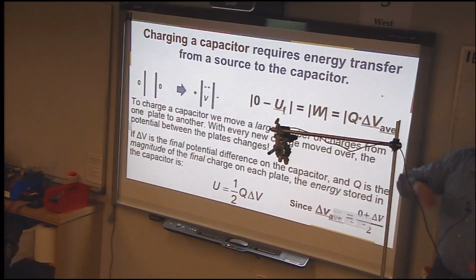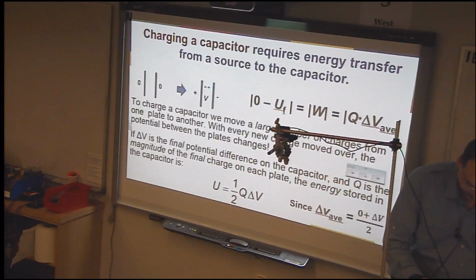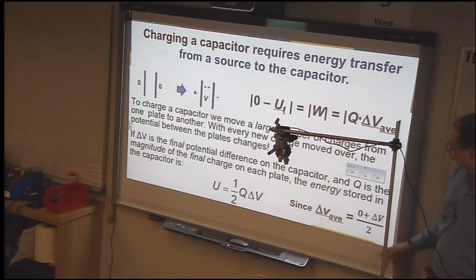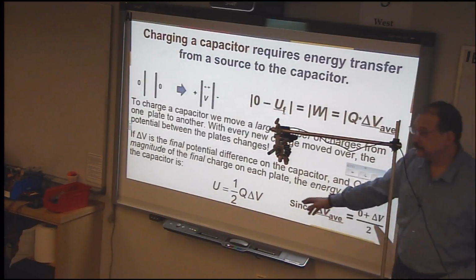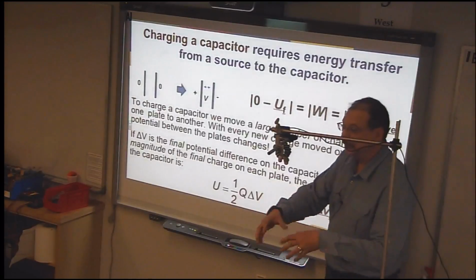In this simple situation, for the average voltage, we can use the actual mathematical average. And that gives us the equation for the energy we store in the capacitor.